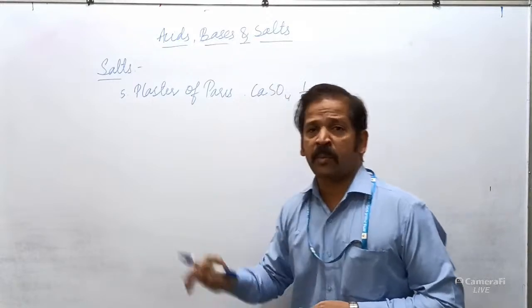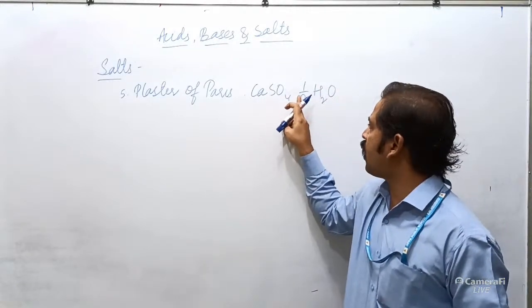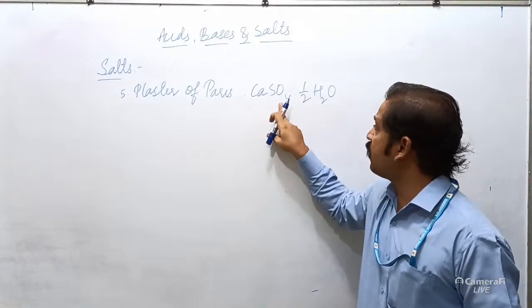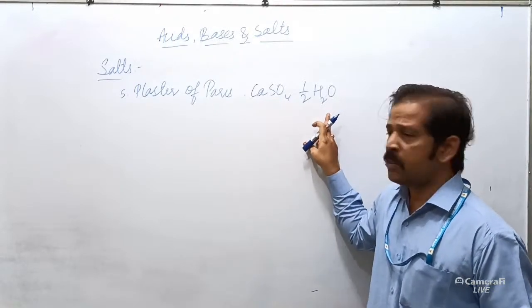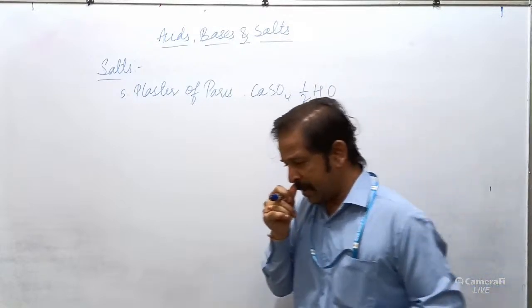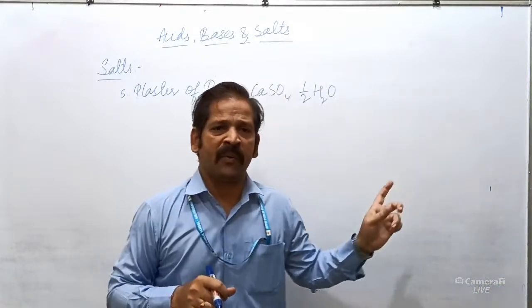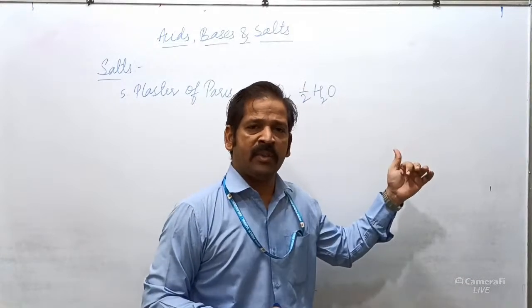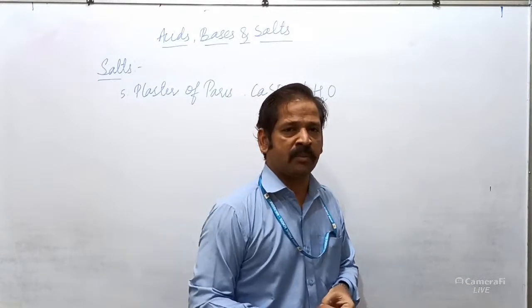Its formula is CaSO4.1/2H2O. Hemi because half a molecule of water is there, so it is hemihydrate, and it is prepared with the help of a chemical called gypsum.